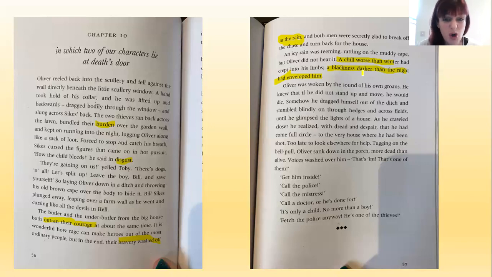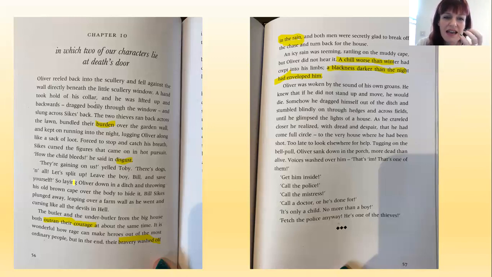Bear in mind, he's been shot and he's bleeding. We know he's bleeding because it tells us over here on page 56. So you need to use those inference skills, those things that you know from outside the book, things that you know from life, to be able to understand that it's looking really bad there.